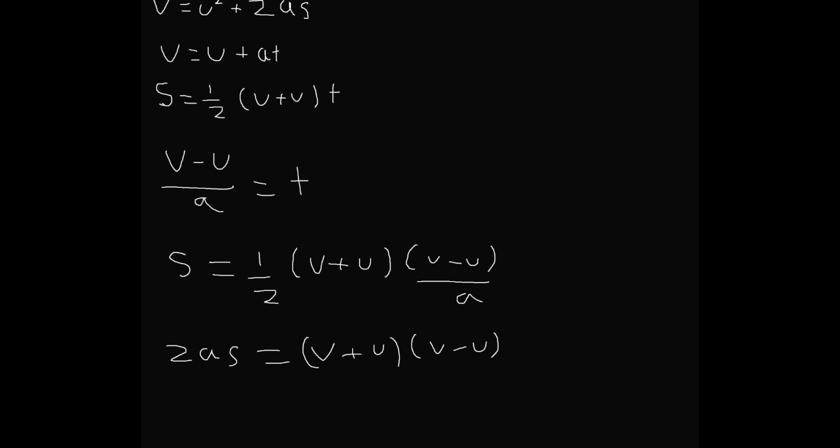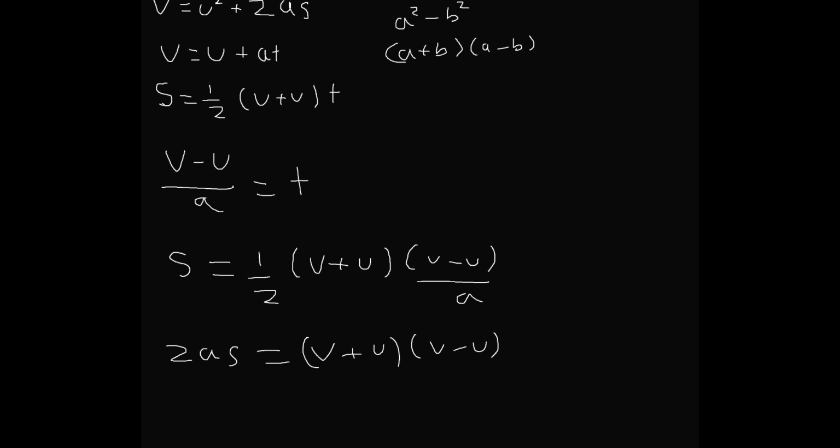If you've done difference of two squares before, so a squared minus b squared, you'll know that this can be placed into brackets like (a plus b)(a minus b). You can expand this and then you'll get that.